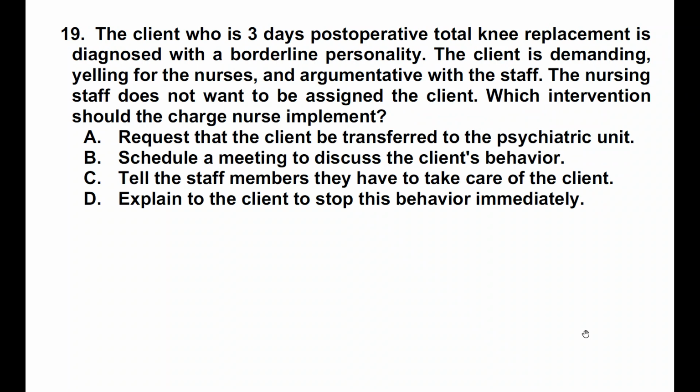In this case, the staff needs to be consistent with the client and plan interventions to address the manipulative behavior. So the best answer here is letter B. The client cannot be transferred to the psychiatric unit, and the client cannot help this behavior. Helping the staff deal with the client's behavior will help the staff care for the client. So number 19, B.